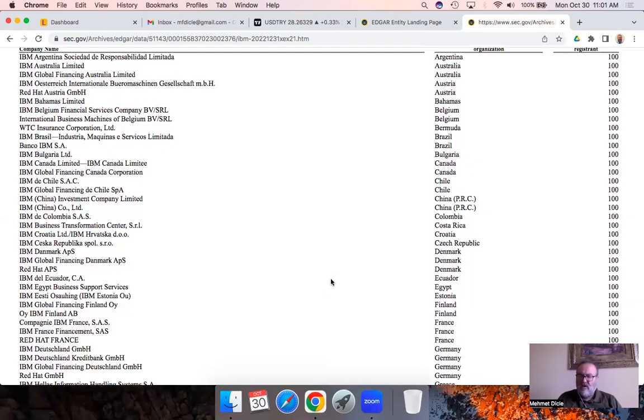It's a little bit more obvious for companies like Toyota or Honda or Hyundai, where they also have operations, foreign direct investment, in multiple countries. And so there, I think the best example is IBM.